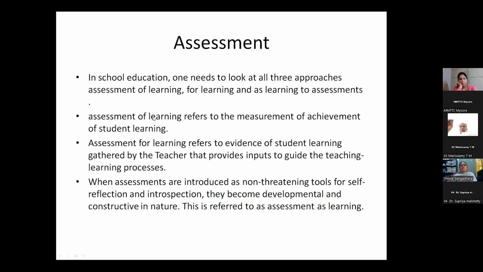And then I told you there are 3 aspects of assessment. While assessing in school education, we have to look into all these 3 approaches: assessment of learning, assessment for learning, and assessment as learning. Assessment of learning is the measurement of achievement of student learning, what the student has achieved.